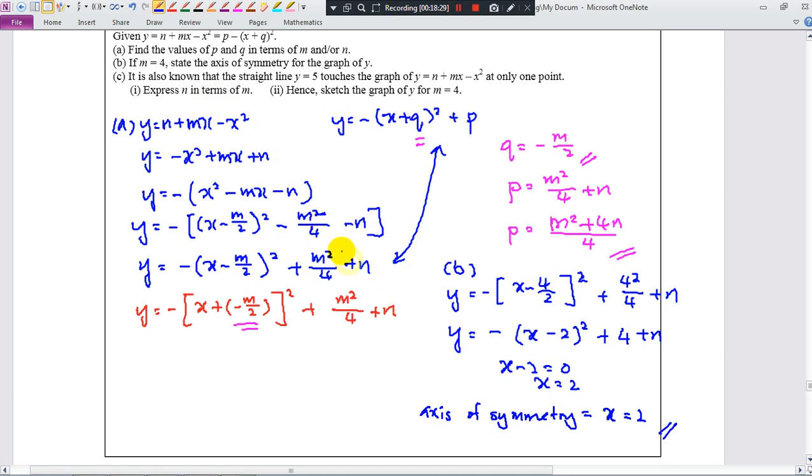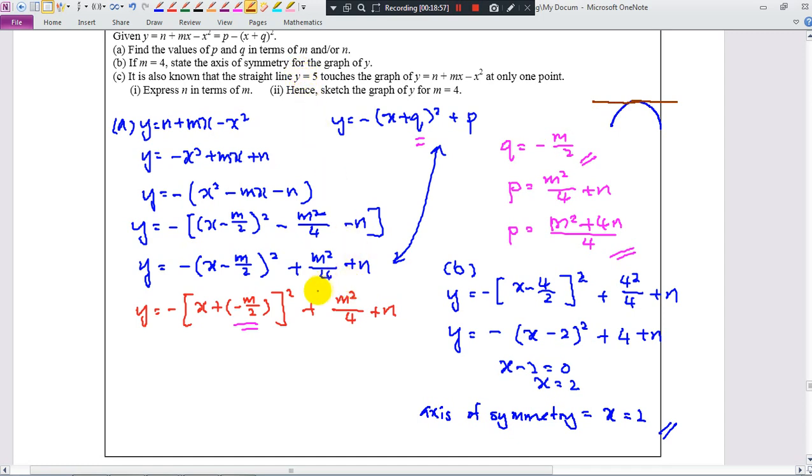Okay, so this is a set phase graph, right? Why? Because this is negative 1. So y equal to 5 must be over here, touching at one point. It means that the maximum value for this function is equal to 5, right?